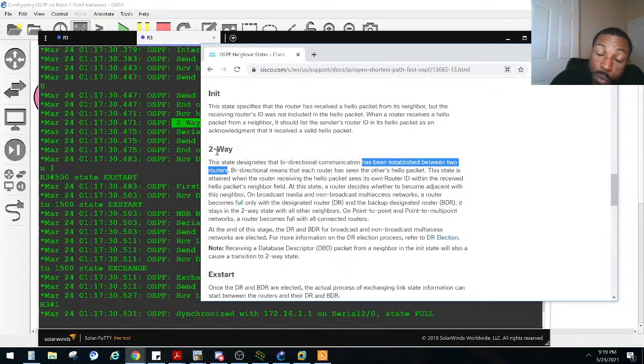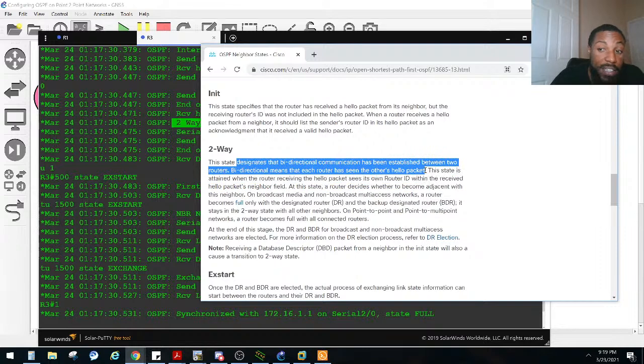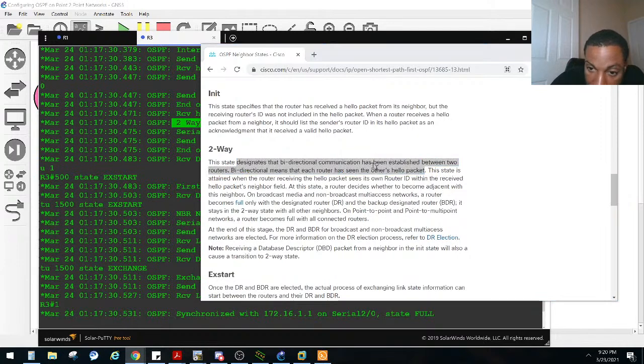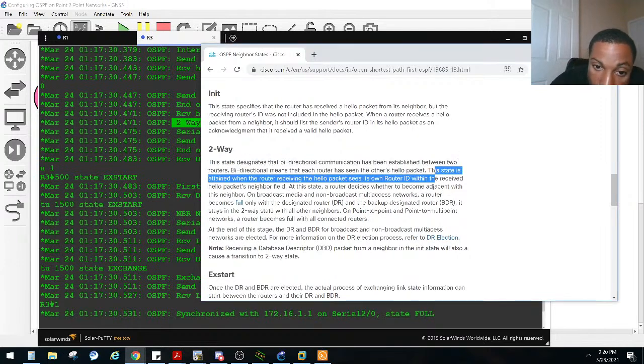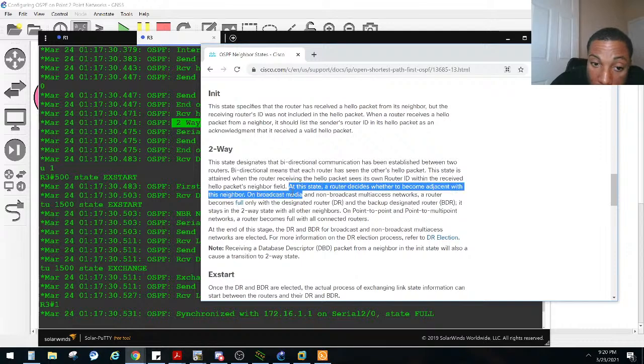But that don't necessarily mean we're neighbors yet. Bi-directional means that routers have seen each other's hello packet. So I said hello to the old guy. The old guy saw that packet, and the old guy said hello back to me. Now we're in two-way state, right? This state is attained when the router receiving the hello packet sees its own router ID within the received hello packet's neighbor field. At this state, a router decides whether to become adjacent with this neighbor.